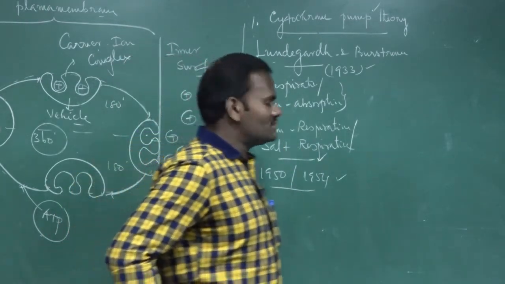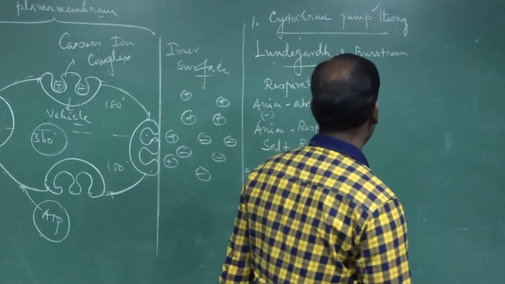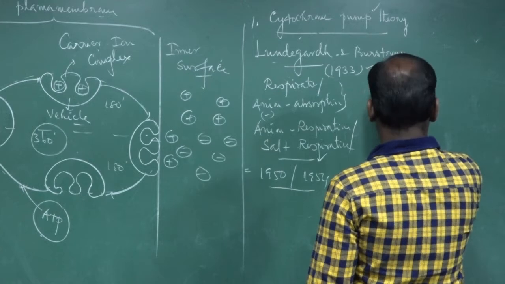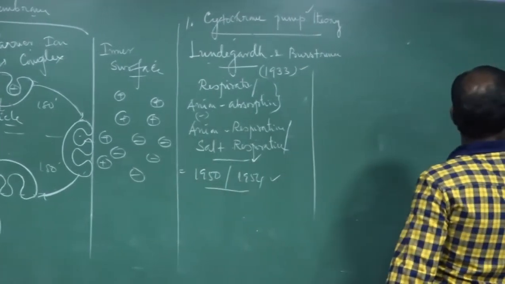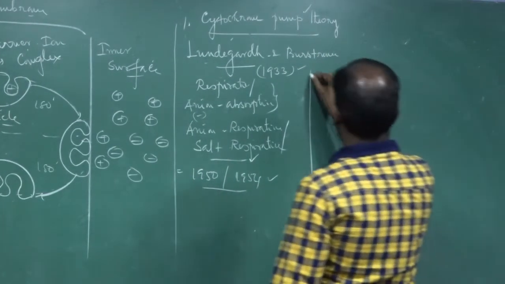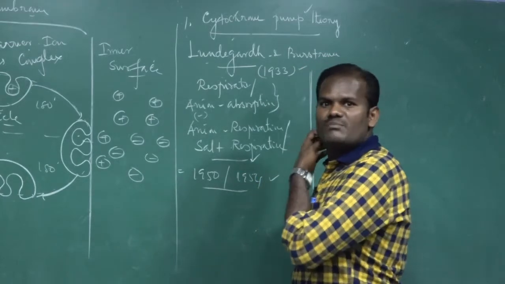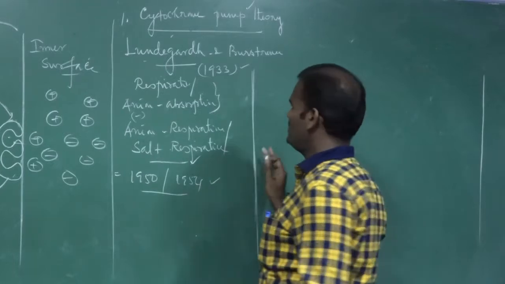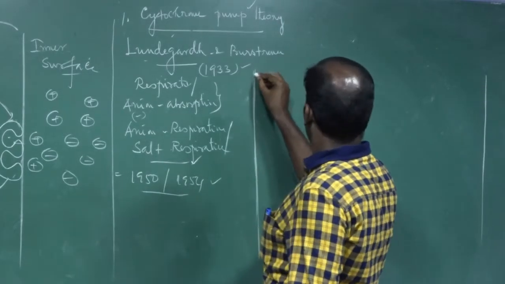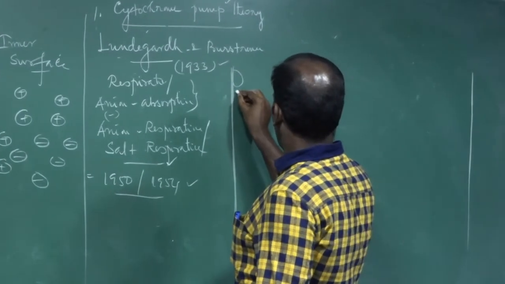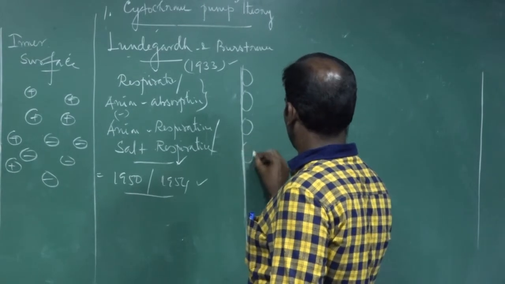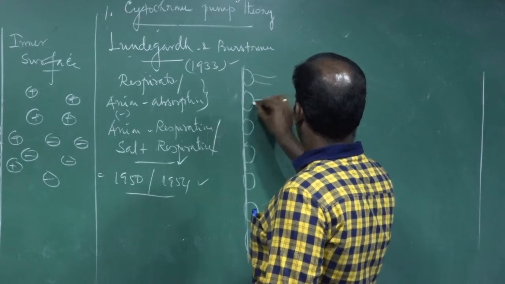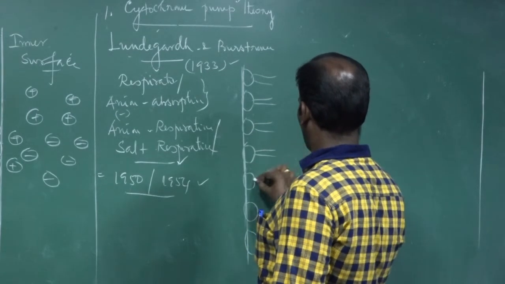So let us draw the diagram for better understanding. It is a cell membrane. We know that the cell membrane is also the plasma membrane. It is made up of bilayer lipids, hydrophobic tail and hydrophilic head.